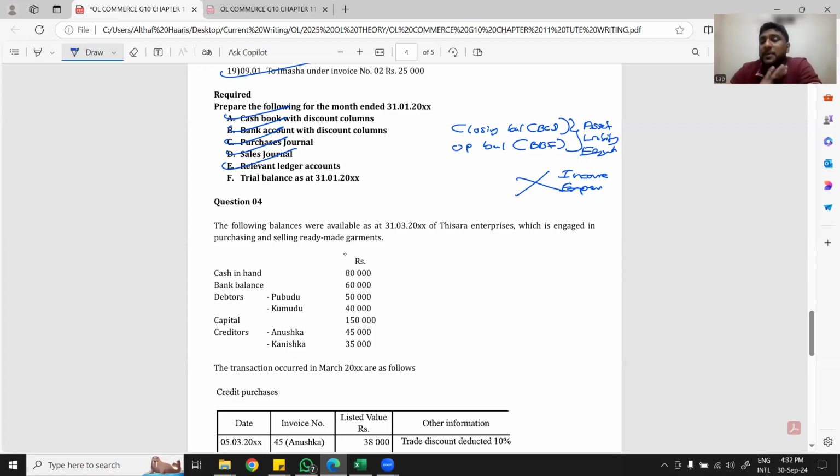So income and expenses will not have BCD, BBF. Directly you will take it to the trial balance and the income statements. But asset, liability, equity will have BCD, BBF. Do remember that. Don't forget it.